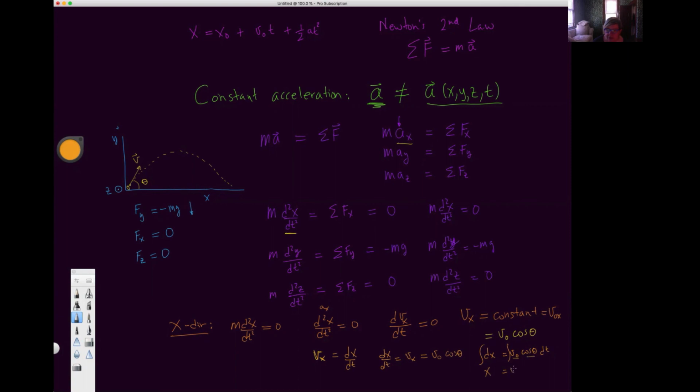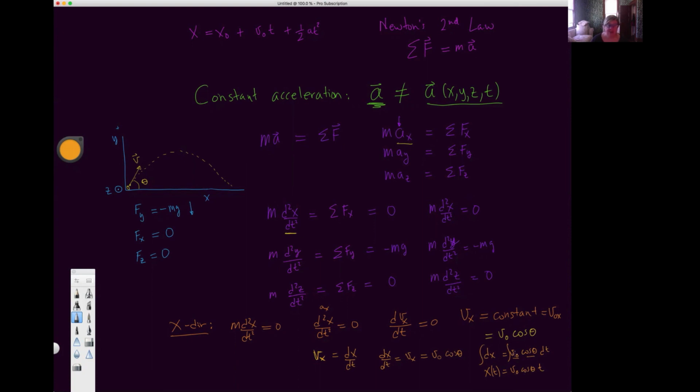We just get v0 cosine of theta t. So this should be familiar. You've seen this before in your 115 class for the trajectory in the x direction, right? So this is x as a function of t. That's what we solve the differential equation to get. And you can see it's motion with a constant velocity.